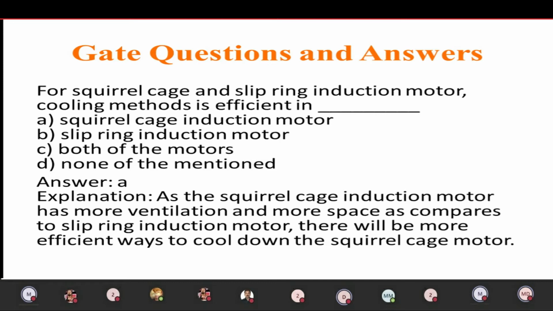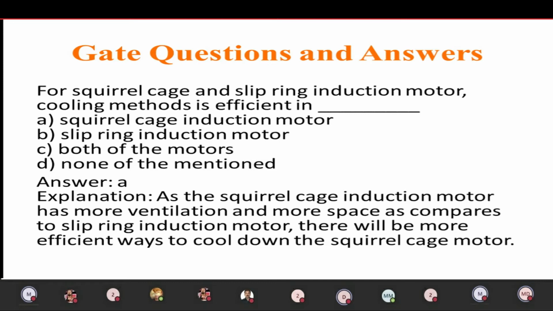We know the difference between the squirrel cage and slip ring induction motor. In a squirrel cage induction motor, the rotor is fully sealed. We cannot control or rearrange the rotor. It is like a solid structure, so it is mechanically very strong.